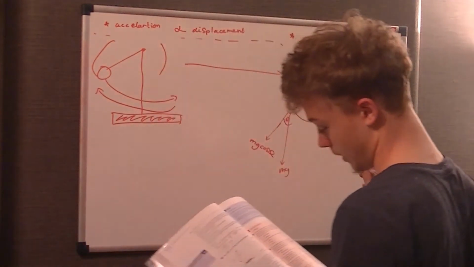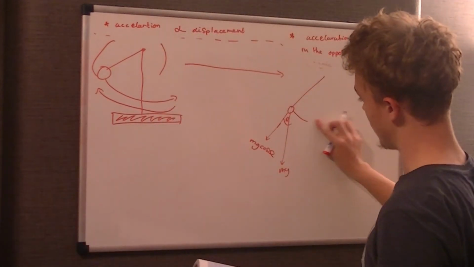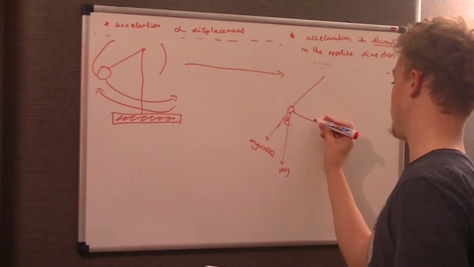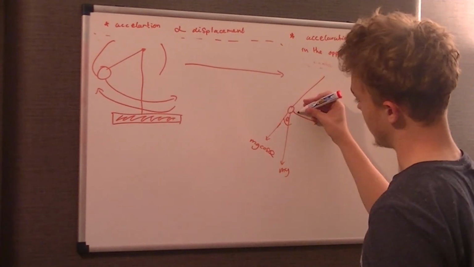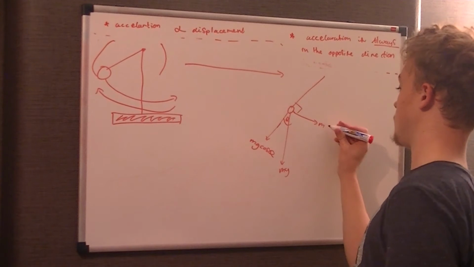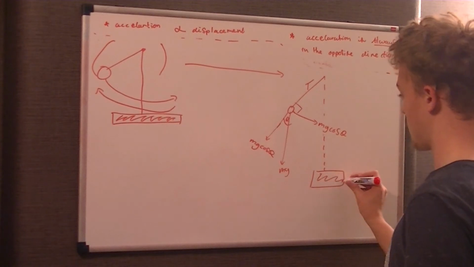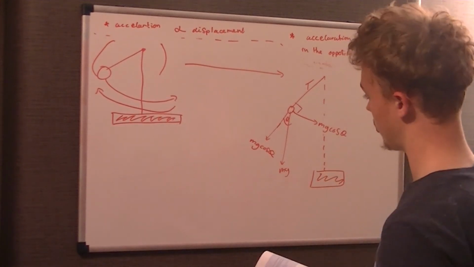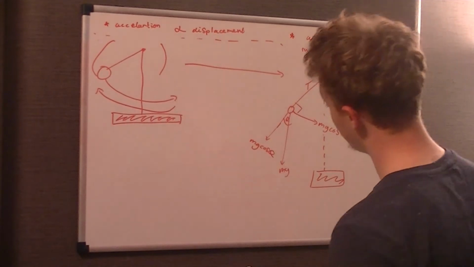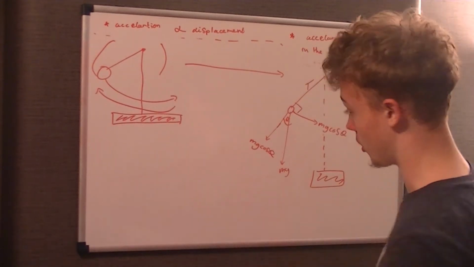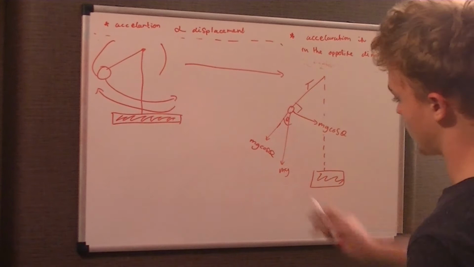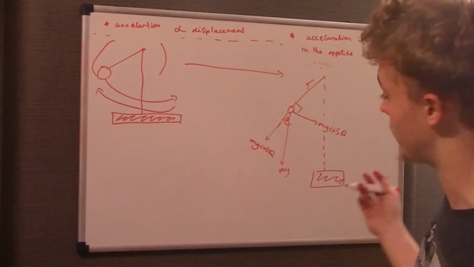And if we wanted to do it in the direction of where it's going, so that's 90 degrees from there to there, we'd use mg cos theta. And the T up here is the original thing, the stand. We're just using our standard trigonometry skills here. So T is equal to mg cos theta, so we don't need to worry about that.